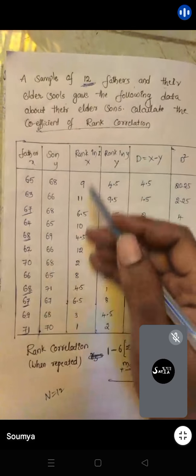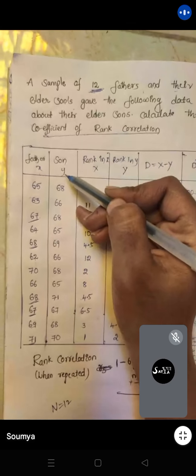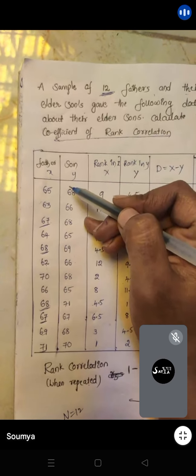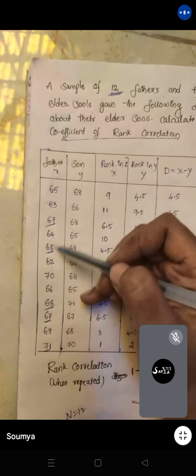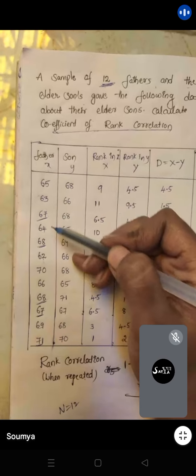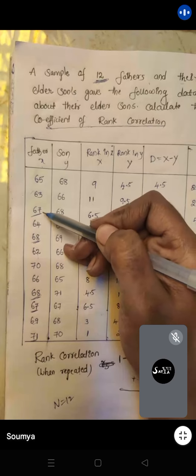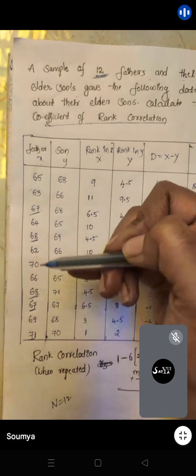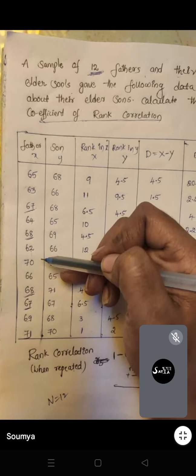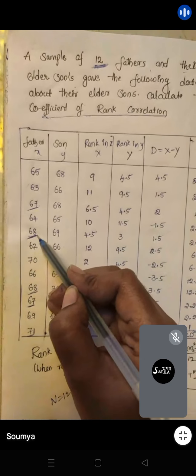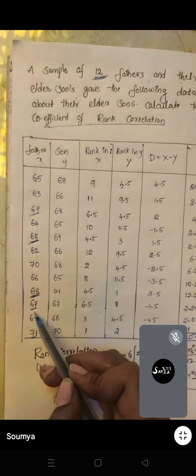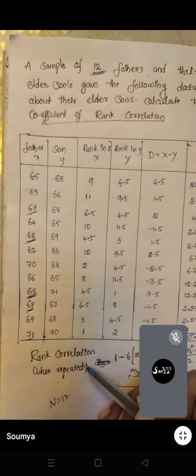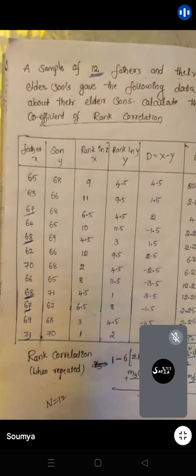First of all, write the terms as they are for X and Y. You have to look at whether the data given is repeated or not. So I'm getting 68 twice and 67 twice. Are there any other numbers repeating?